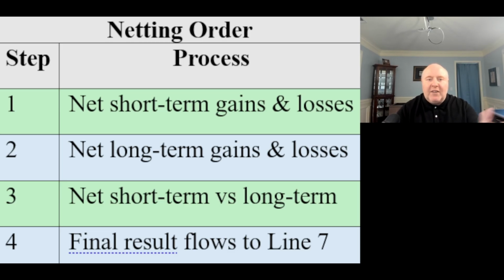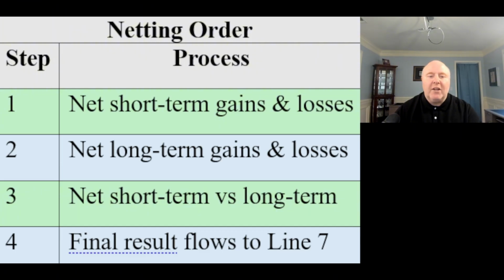So we get to recognize that $3,000 of losses in the current year. If we had more than $3,000, maybe $5,000 of net losses, anything in excess of $3,000 will be carried over to the next year. Then we'll see if we're able to use them on the next tax return. So we don't lose them. We're just not going to be able to use them all in this year.